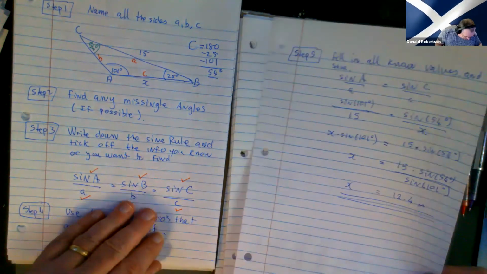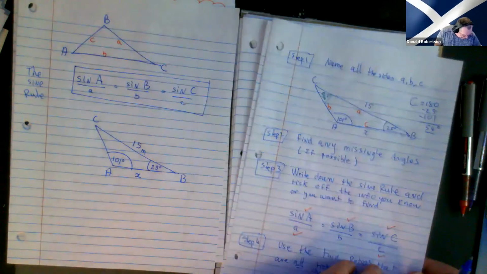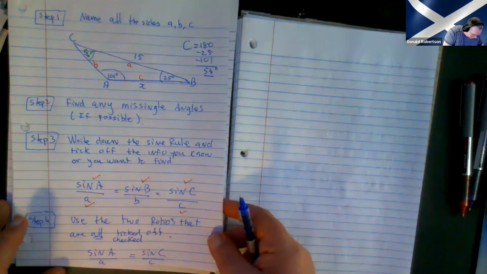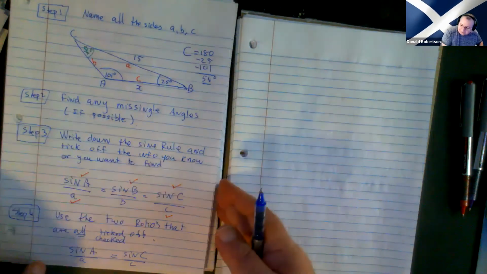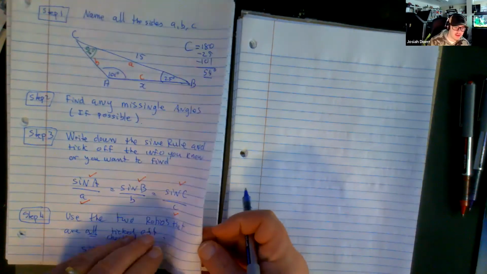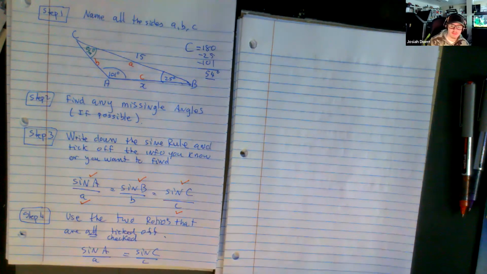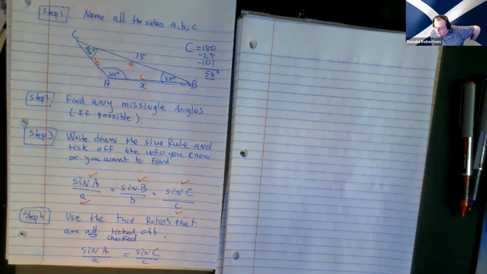So let's do another one, but this time we're going to use it to find a missing angle. And just to confirm, Pythagoras is for right angle triangles.